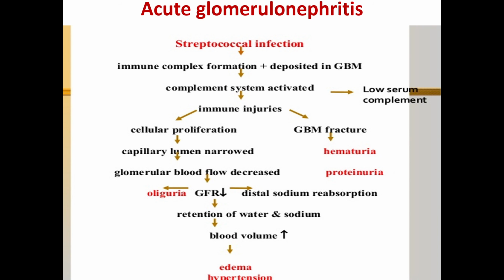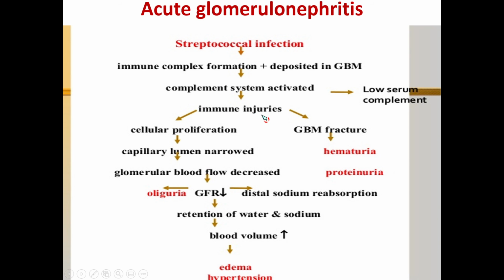Cortisol suppresses the immune response because it suppresses the production of lymphocytes, both T and B lymphocytes. So we have to reduce these immune injuries. That's why we have to give both: antibiotics, particularly penicillin related, and steroids.